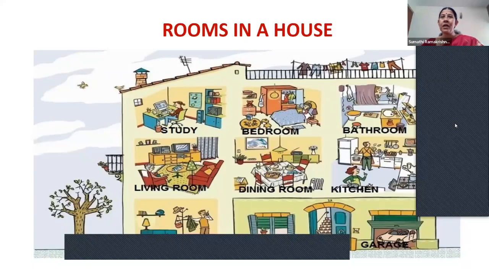Okay, so you can talk in detail about this. Garage and other things are only when we have an independent house, where we have a car and provision for all that. But for knowledge's sake, we can teach the children. So whenever you go out, when you travel, when you observe an independent house, just see whether it has all this.